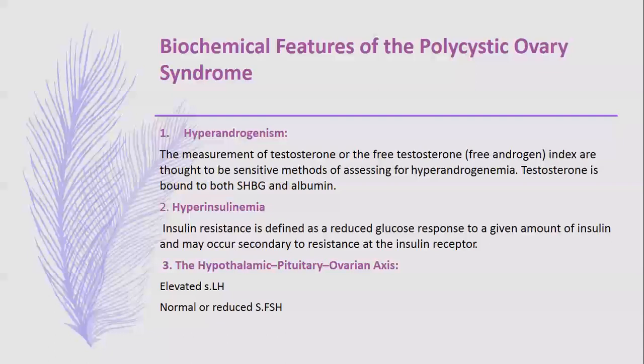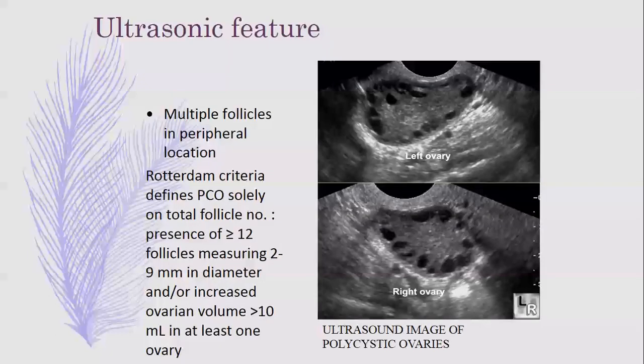So the patient has insulin, but the body is resistant to insulin, and this may occur secondary to resistance at the insulin receptor. Regarding the hypothalamic pituitary ovarian axis, we should send the patient for serum LH and serum FSH to see if there is an elevated serum luteinizing hormone and normal or reduced follicle stimulating hormone.